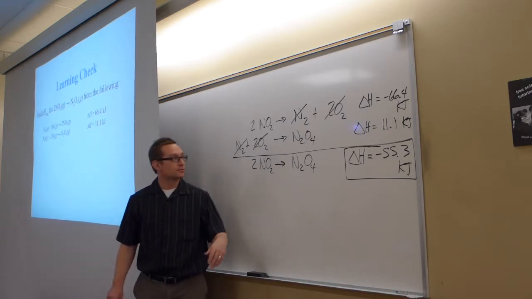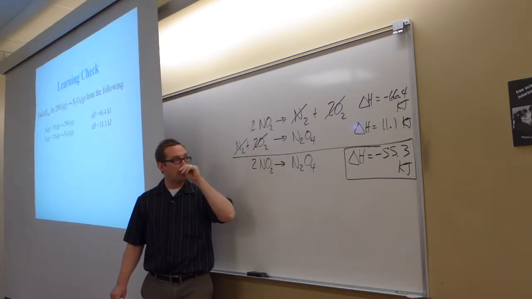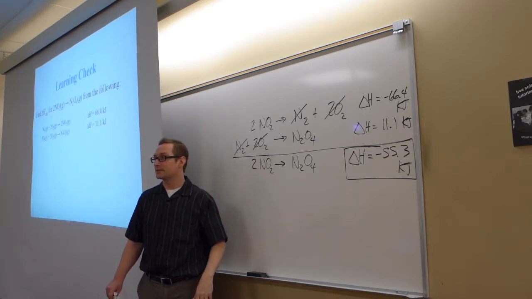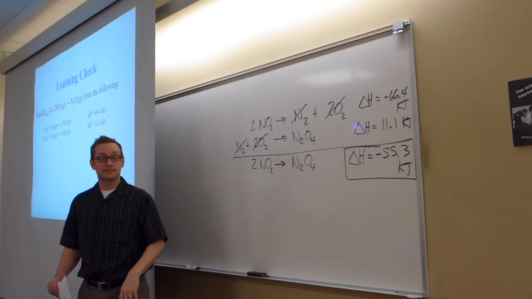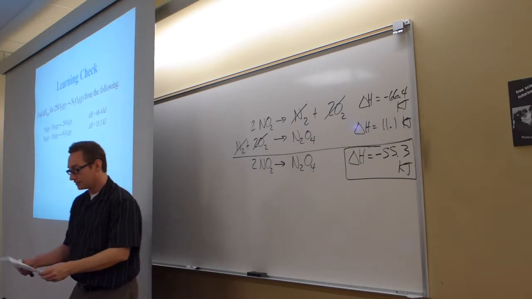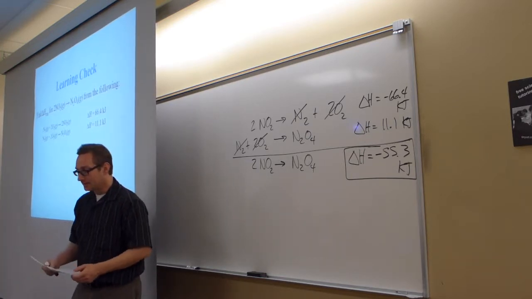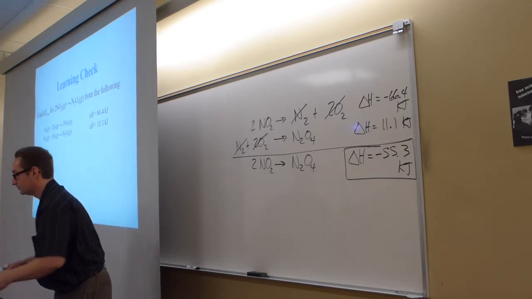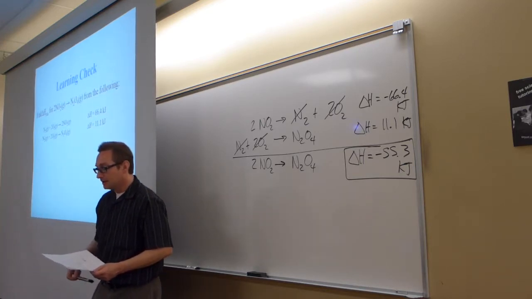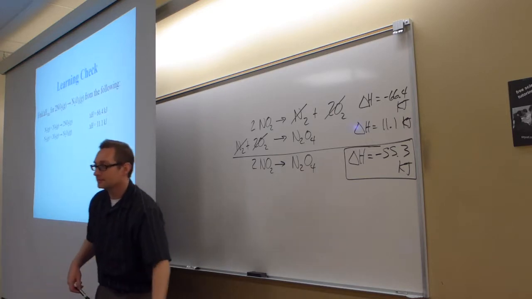It might be a situation where you need to multiply some of these through by some factor to get rid of things. And we'll get a lot more practice with this as we go into other topics. All right, questions?